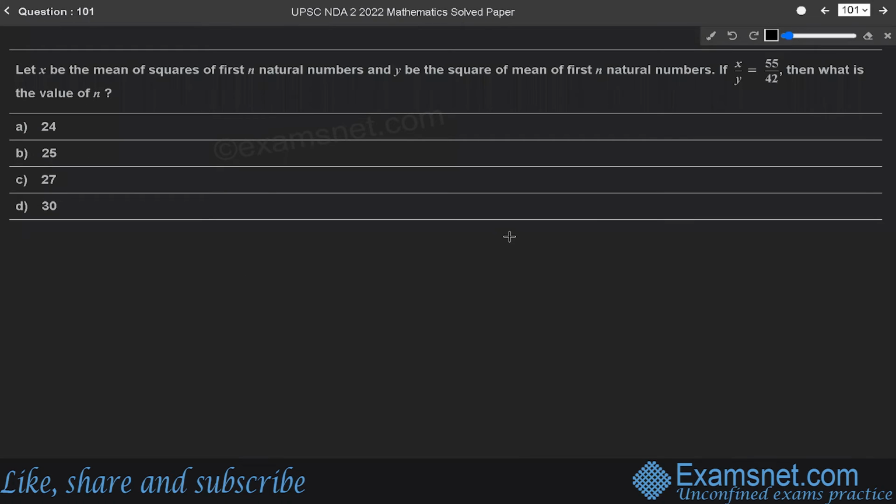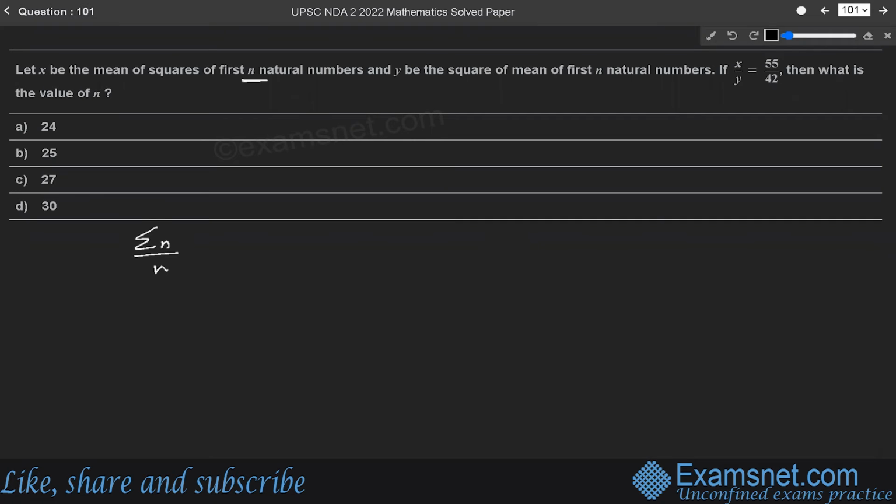Next question is, let x be the mean of squares of first n natural numbers and y be the square of mean of first n natural numbers. We know that mean will be summation of x upon n. Here the numbers are first n natural numbers, so mean will be summation of n upon n.